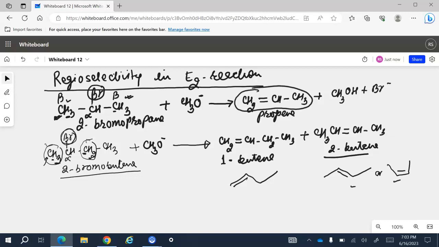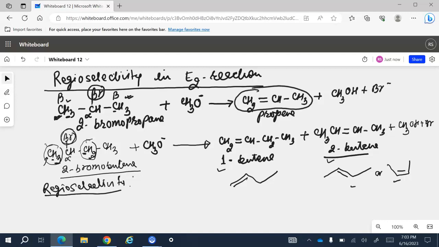The other side products, of course, are CH3OH and Br minus. The question here is, among this 1-butene and 2-butene, which one will be the major product? That is when we are discussing regioselectivity.